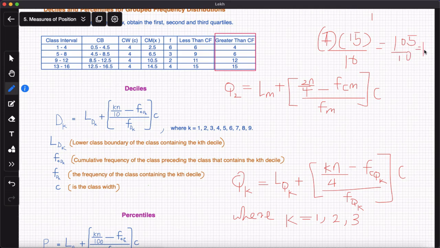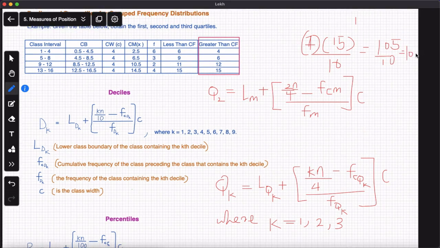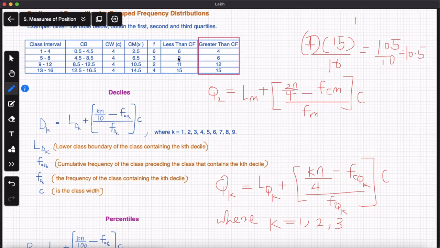So I'll now have to check where we are going to have 10.5 for the first time in our cumulative frequency. I mean a number that is less than or equal to 10.5 for the first time. That happens to be here.